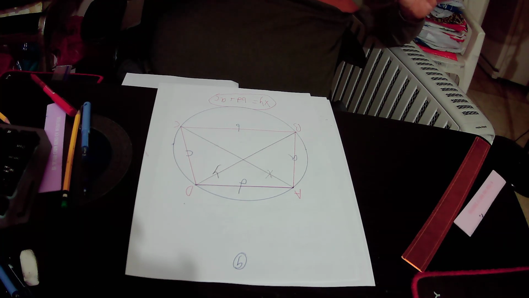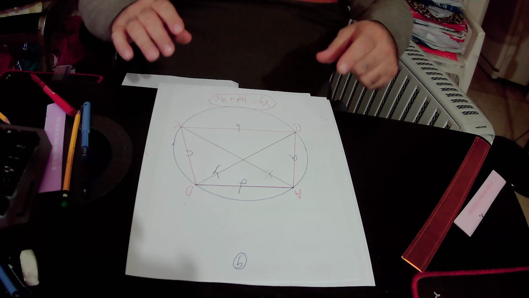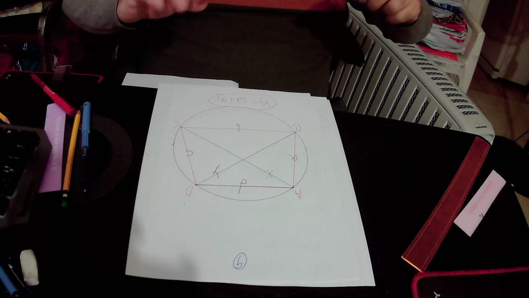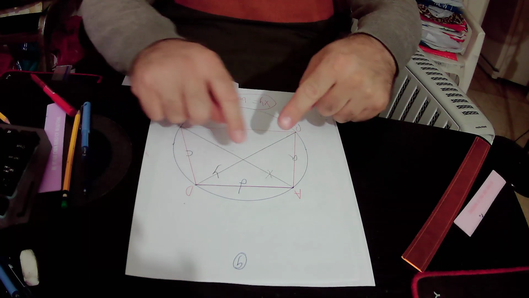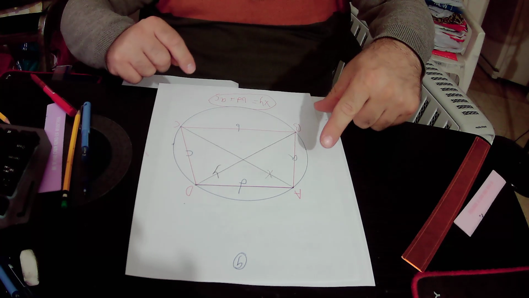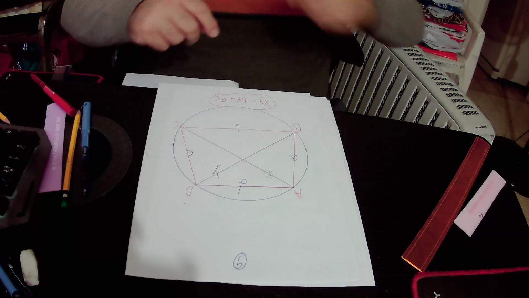And the sum of the products of its opposite sides is as follows. Quadrilateral ABCD has two pairs of opposite sides. The first pair is side AD, opposite to side BC, and the second pair is side AB, opposite to side DC.